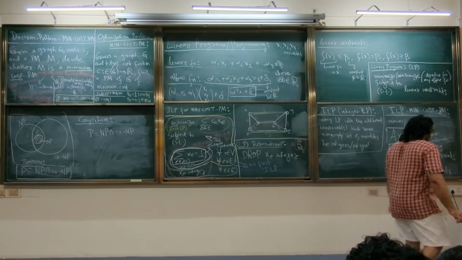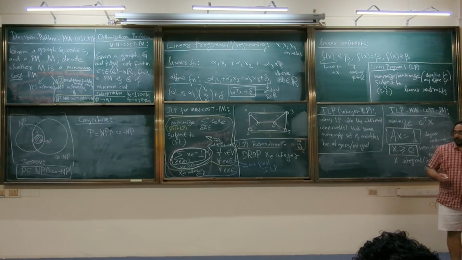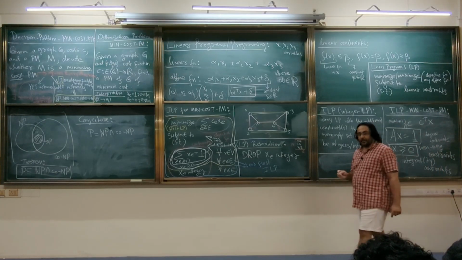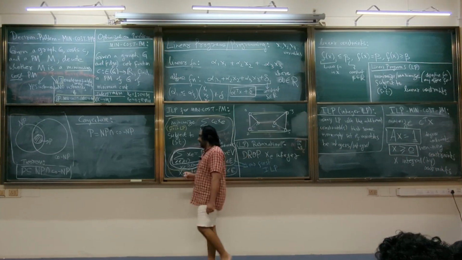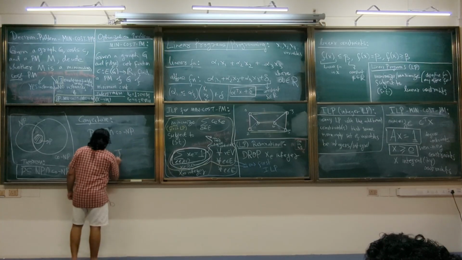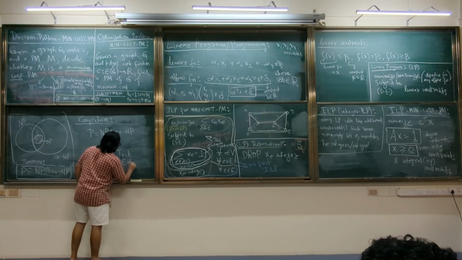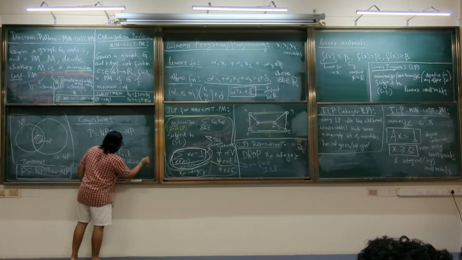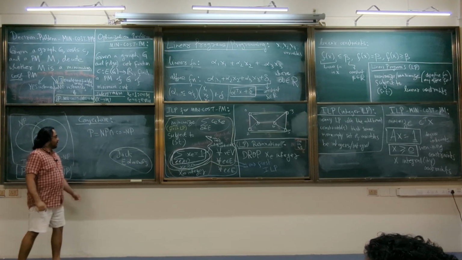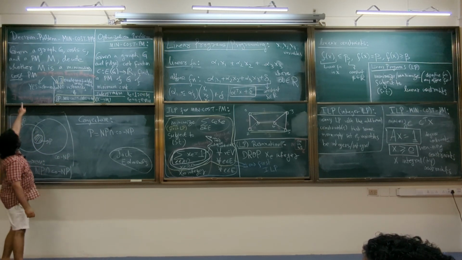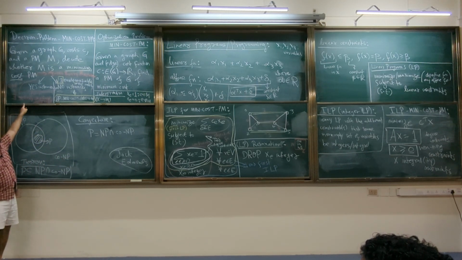So I did my PhD in Waterloo, and a very famous person lives in Waterloo called Jack Edmonds. You will see Jack Edmonds multiple times in this course, not the person, but the name. He is one of the main persons behind the perfect matching problem being polynomial time.